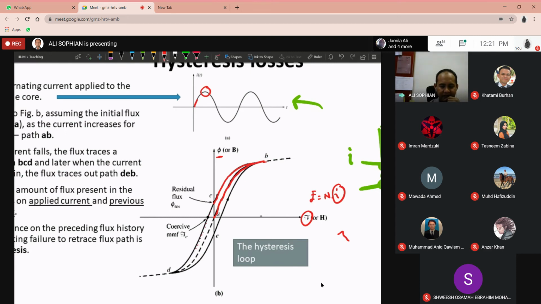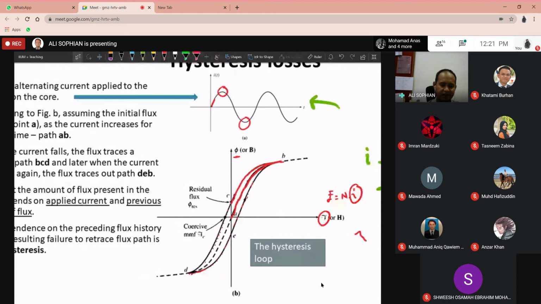Then when the I is increasing again after it reaches the trough here, the minimum point, it will follow this path. So there is a difference between the path when the current is increasing and the path when the current is decreasing, and this is what we call hysteresis. The difference in the path of the output when the input is going in one direction compared to when the input is going in the opposite direction. This is what we call hysteresis.